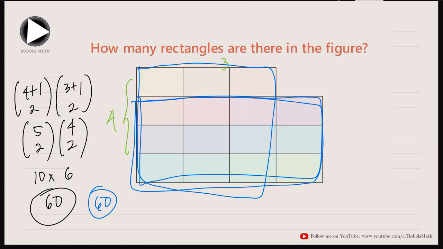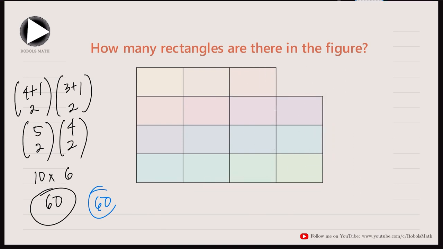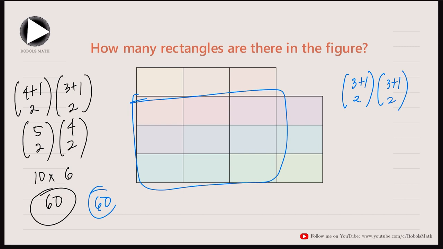counting the overlap. For the overlap, we have this 3 by 3 rectangle. So the number of rectangles there is 3 plus 1 taken 2 times 3 plus 1 taken 2. It's 4 taken 2 times 4 taken 2, which is 6 times 6, or 36.